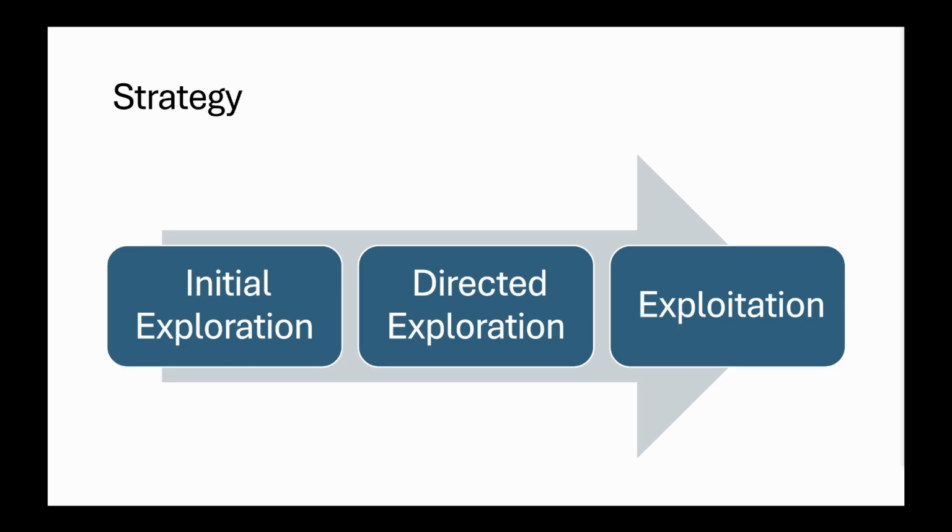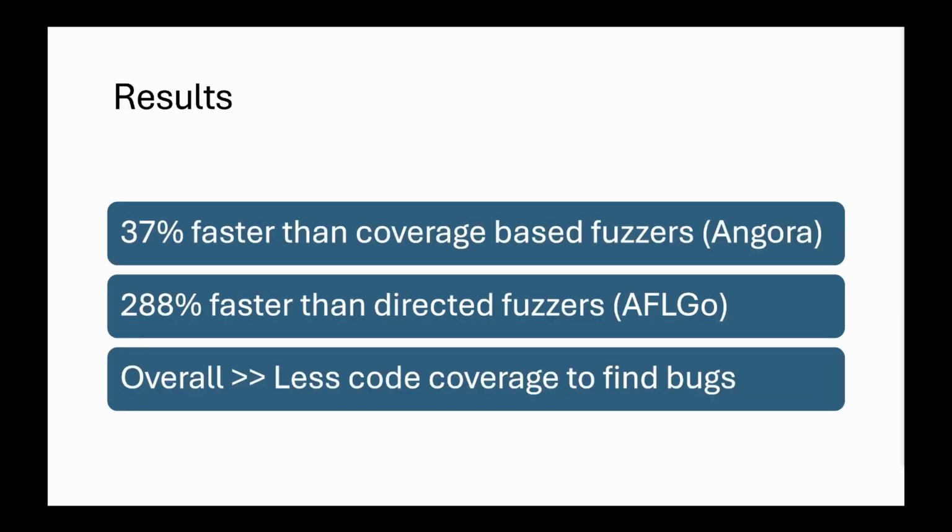We can see this in the actual results. As I mentioned earlier, there were some Greybox fuzzers that would be used as benchmarks for the ParmeSan fuzzer, and the authors evaluated ParmeSan against a few of these. The biggest ones that stood out were Angora, which found bugs 37% faster, and the AFL Go fuzzer, which had a very large improvement of 288%.